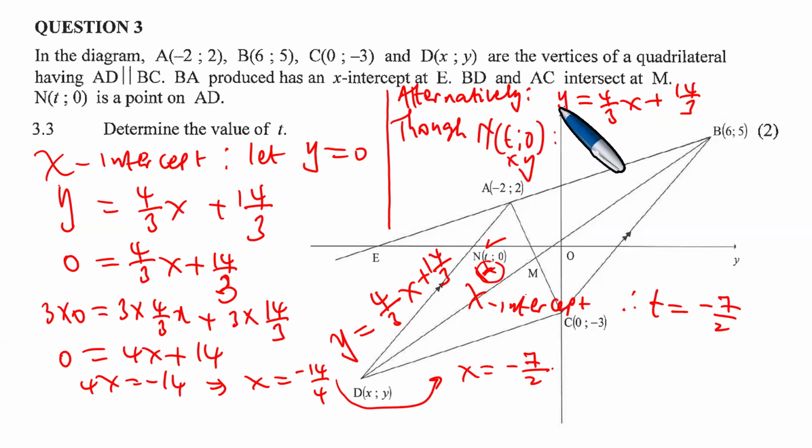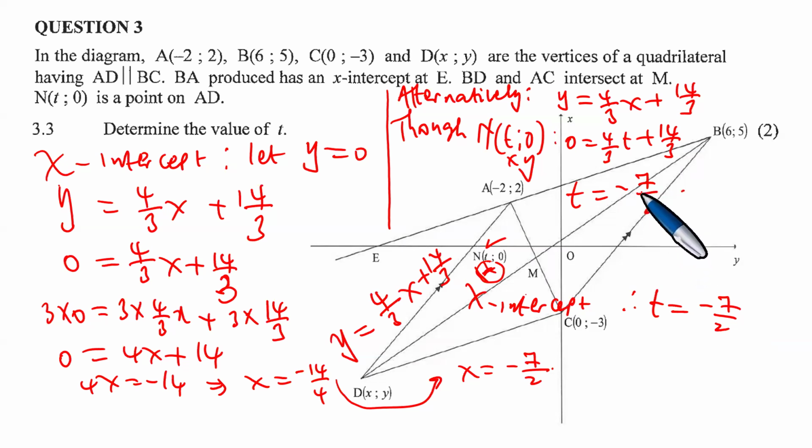Therefore our y here is 0, and x is t: 0 equals 4/3 t plus 14/3. And then we solve for t. We've already solved for t, and we get that t is minus 7 over 2.